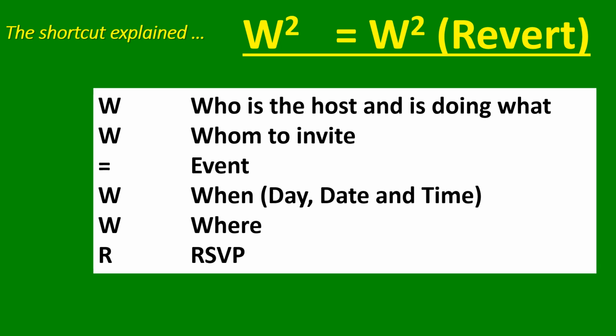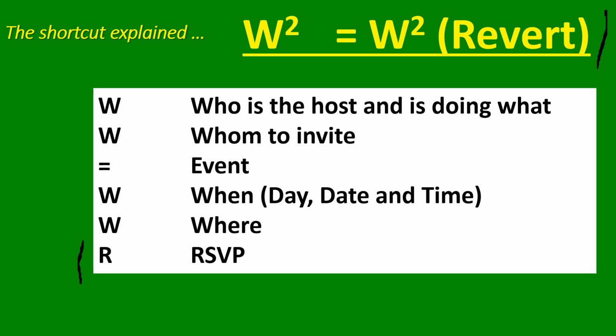The second W on the other side of the equal to sign is where is the event, and R, ladies and gentlemen, boys and girls, is for the RSVP, where you are reverting, as I'd mentioned here, to the host. Reverting as in replying.